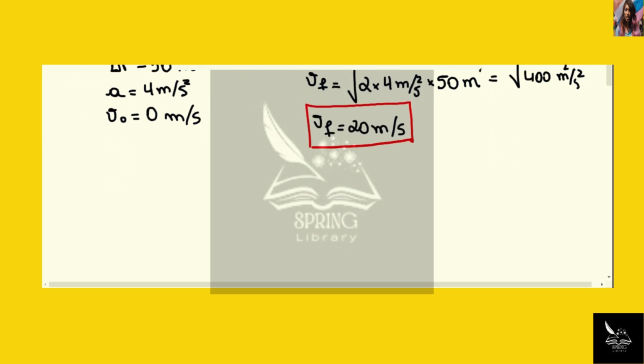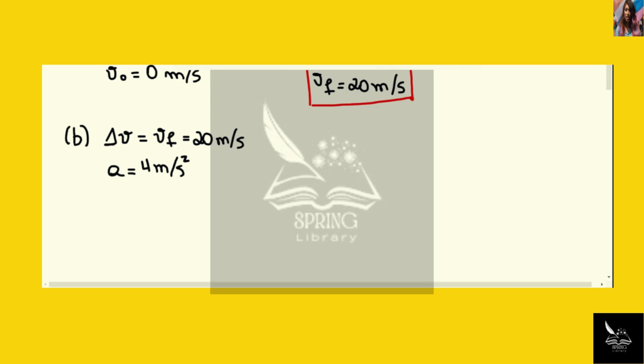In question B, you have to calculate how much time passes between the car starting to accelerate downwards and the point where it reaches the edge of the cliff. And notice that the variation in speed of the car is just Vf, that's 20 meters per second, while the acceleration is 4 meters per second squared.